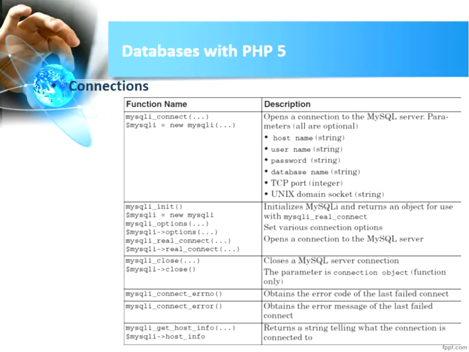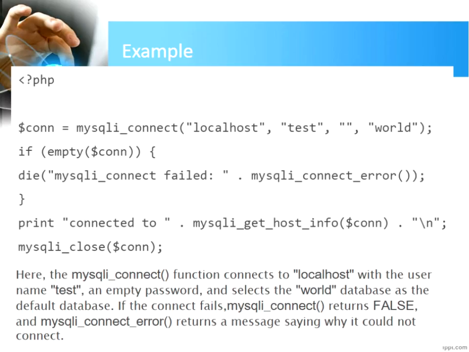Now I will share my desktop to see how we can create it. This is an example of a connection. In this example, we have to specify the IP address of the MySQL server.